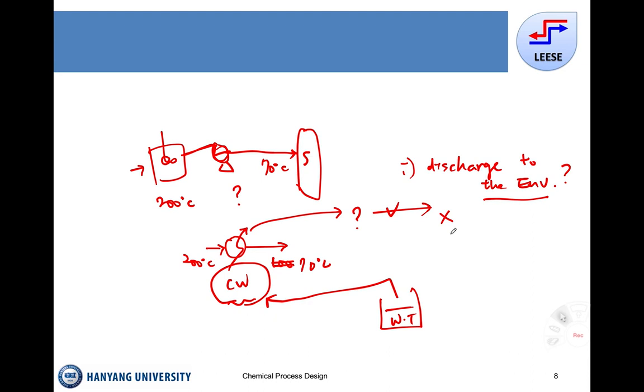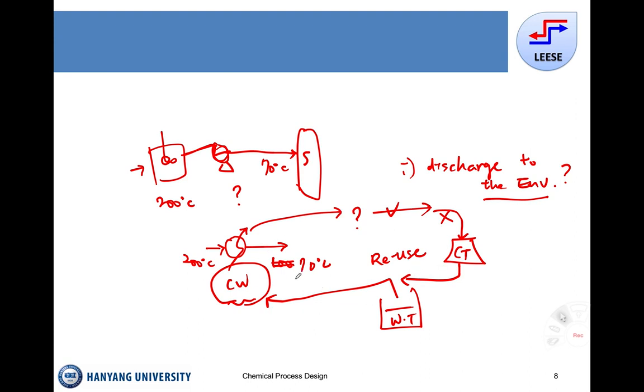Of course, this is one method. Okay, this is feasible, but this is not economic. This is not environmentally friendly. So rather than directly discharging water to the environment, we have the cooling tower, then reduce the temperature, then reuse it, okay? The cooling water.